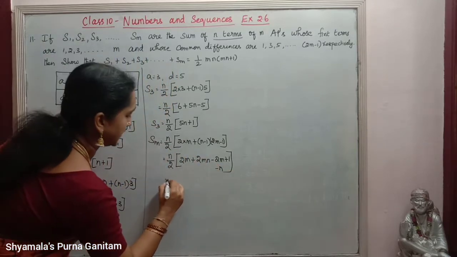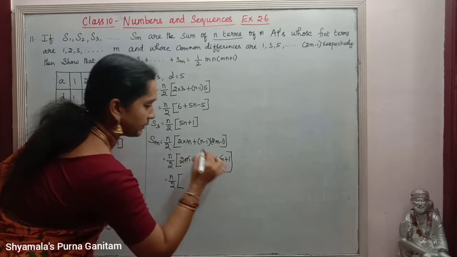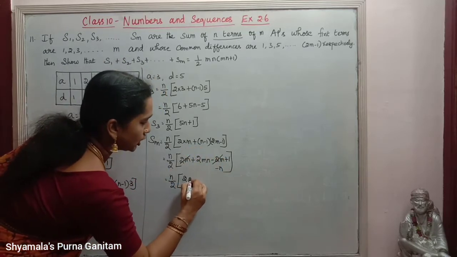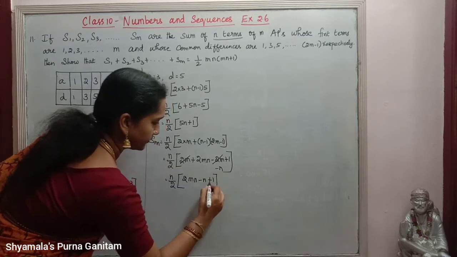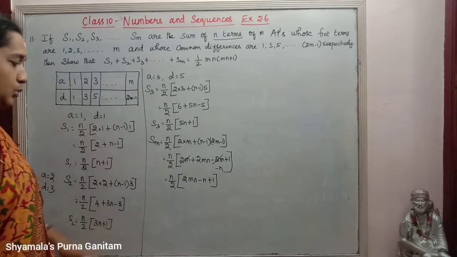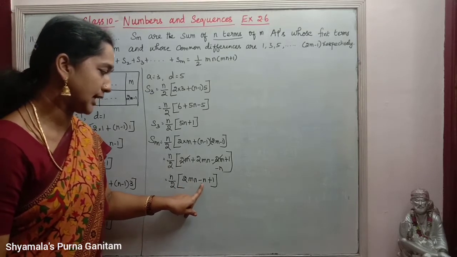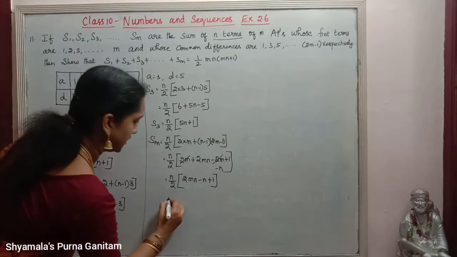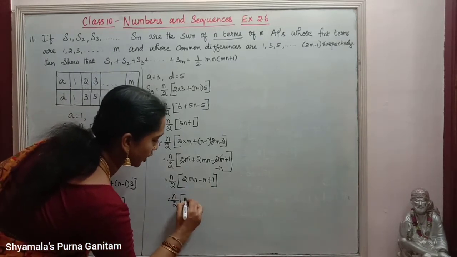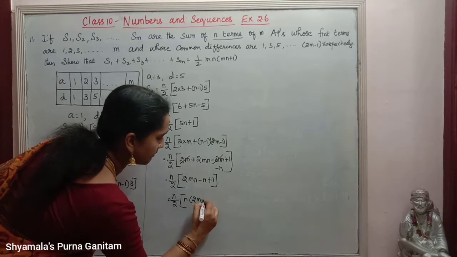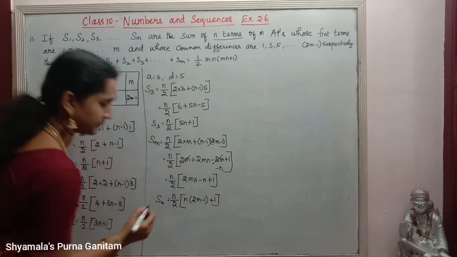Okay, 2m minus 2m will get cancelled. We'll get n by 2 into 2mn minus n plus 1. When we take n common, we will get n by 2 into n into 2m minus 1 plus 1. So this is Sm.